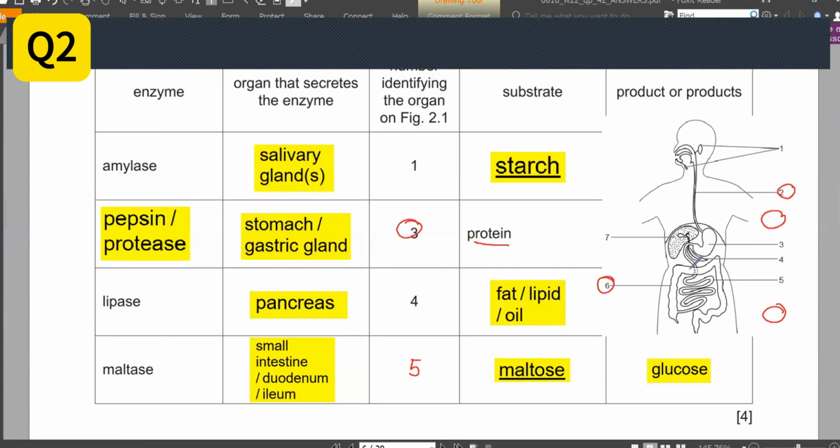In the small intestine, we completed all of the digestion process and absorbed everything that we need from the food. The remaining substances that are non-digestible, that we cannot absorb, or waste materials that we don't want, will be passed into the large intestine.